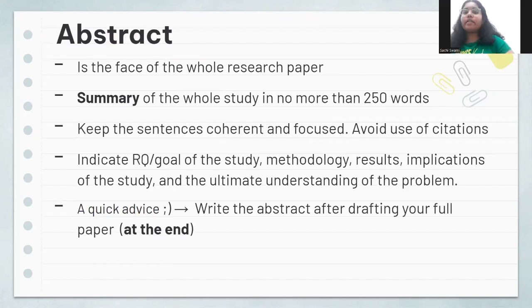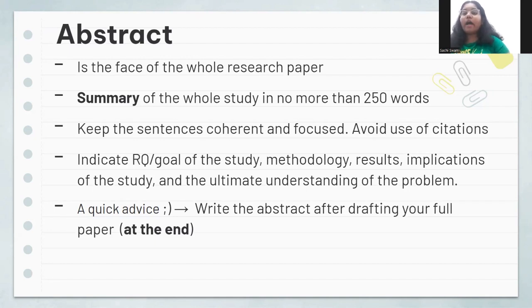It is basically the face of the whole research paper. It provides a gist or a summary of the whole study, and it is recommended that you do not include more than 250 words, because the abstract is supposed to be a quick summary, but it should have the major parts in it.